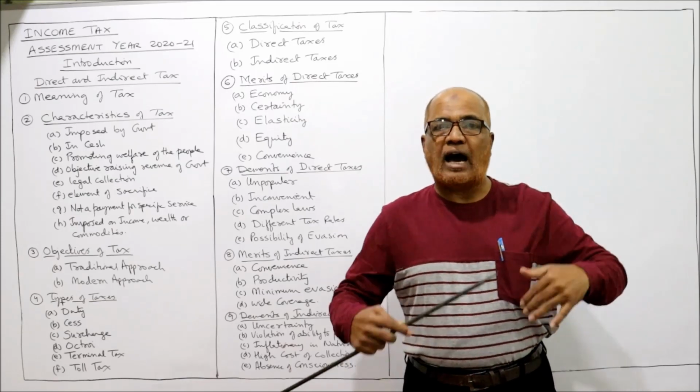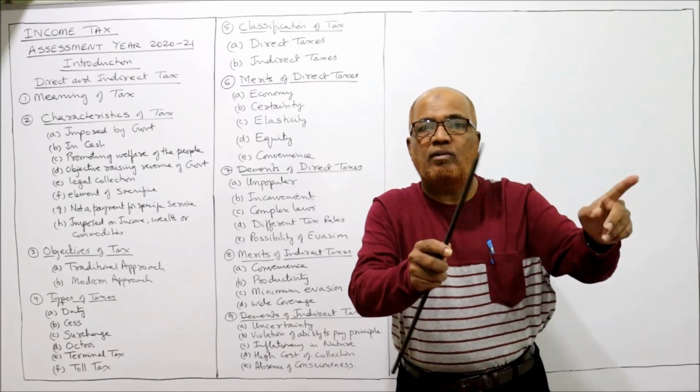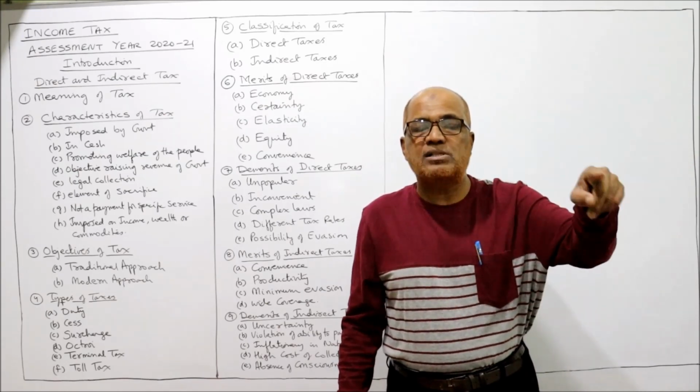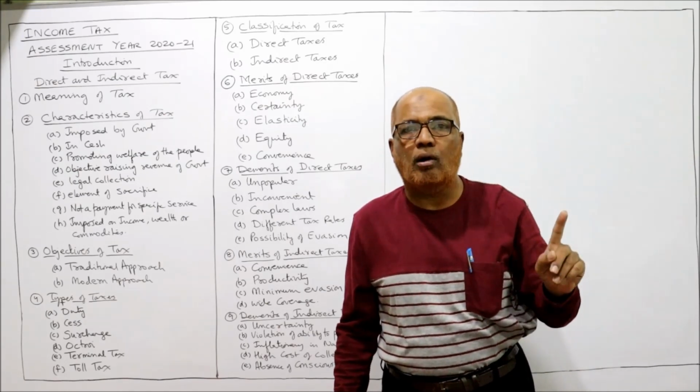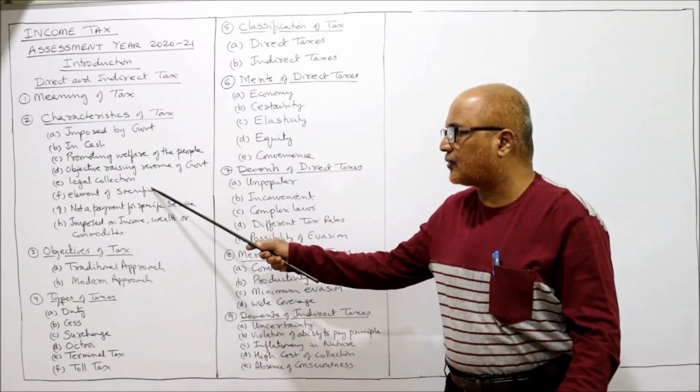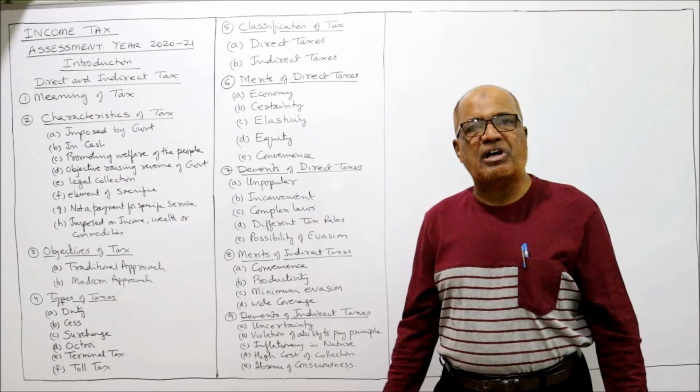Indirect benefit means that when I pay tax, the government will not specifically give any benefit to me. The government will spend for the common benefit of all. So there is an element of sacrifice in the payment of tax, not a payment for a specific service.